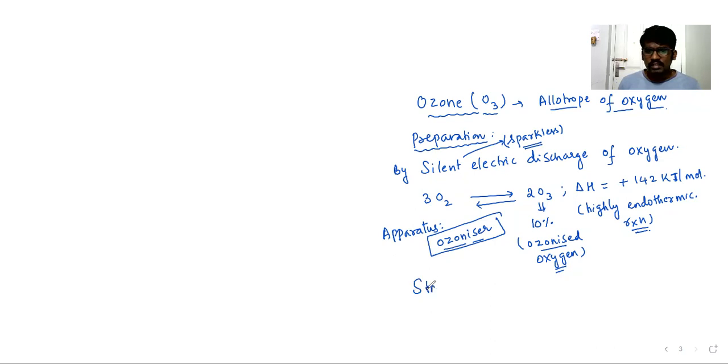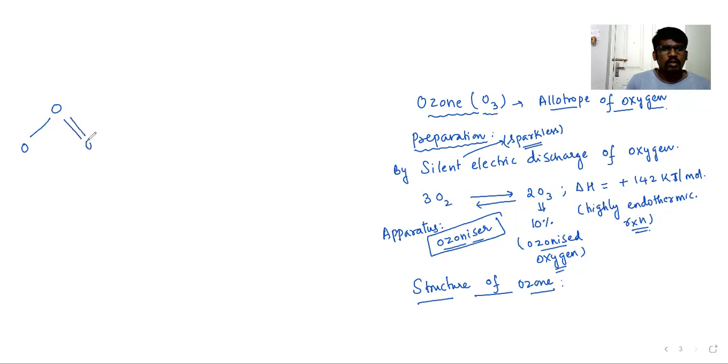Now let's see the structure of ozone, which is familiar to you from the chemical bonding chapter. It is O single bond O, O double bond O, and it has a resonance structure, O double bond O and single bond O. If you give the formal charges, the central atom has an extra bond, so plus, with one lone pair.